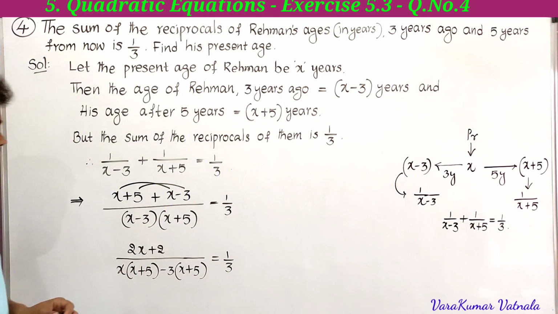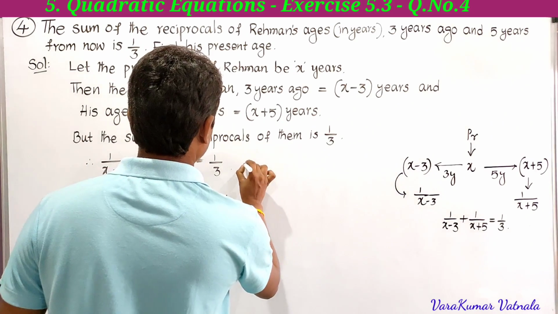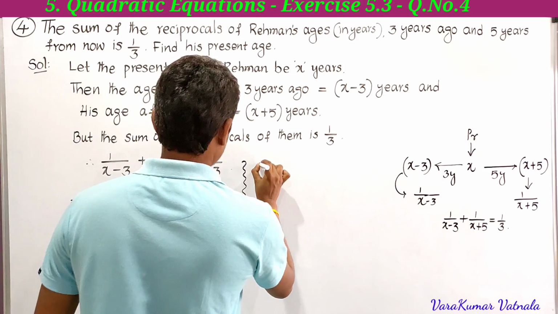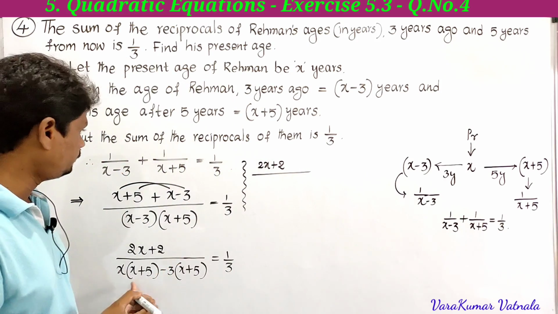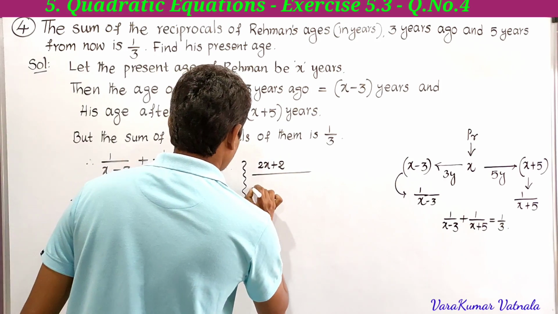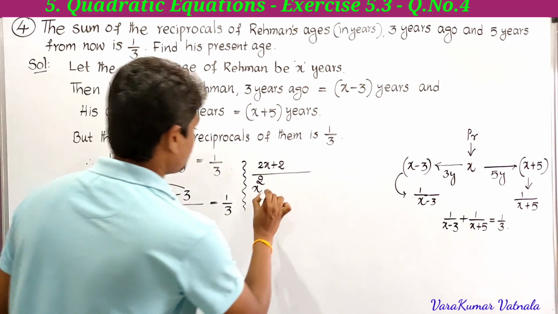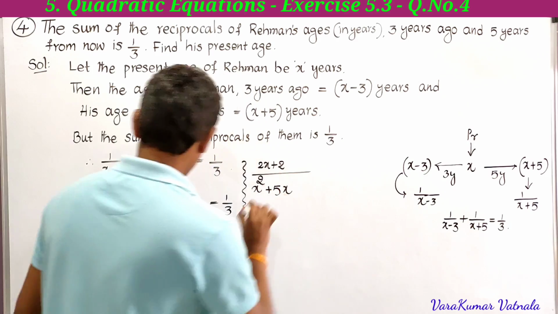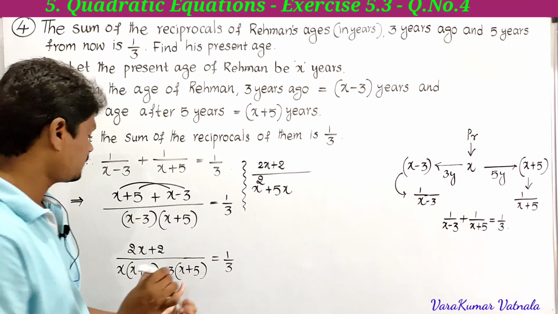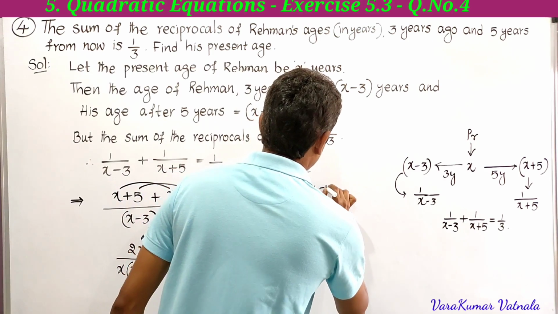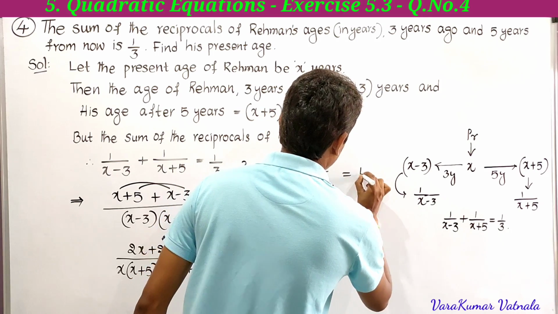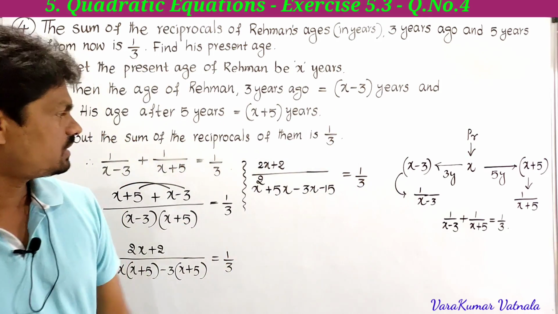So we get 2x plus 2 divided by x into x is x square, plus x into 5 is 5x, and minus 3 into x is minus 3x, and minus 3 into plus 5 is minus 15, is equal to 1 by 3.